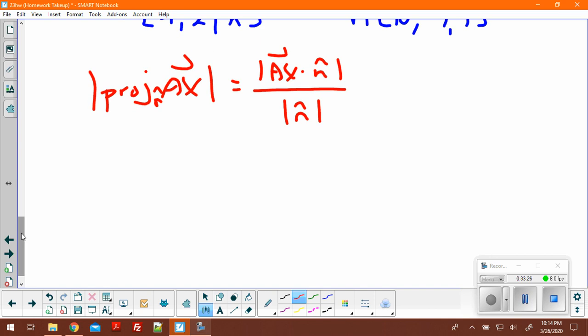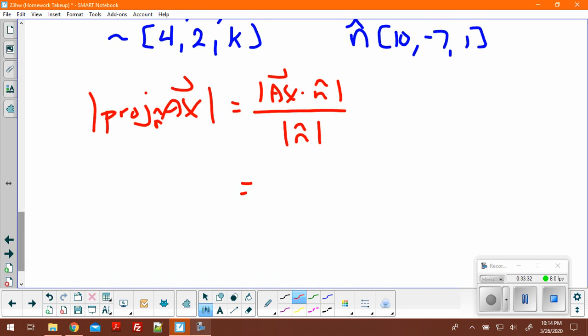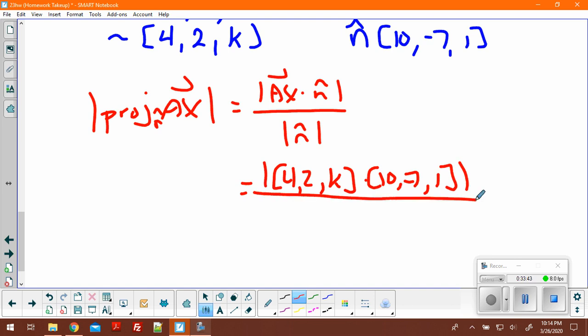My AX was 4, 2, k, dotted with 10, negative 7, 1, all over the square root of 10 squared plus negative 7 squared plus 1 squared. Now, I already know what my target is. That's supposed to be equal to 10.